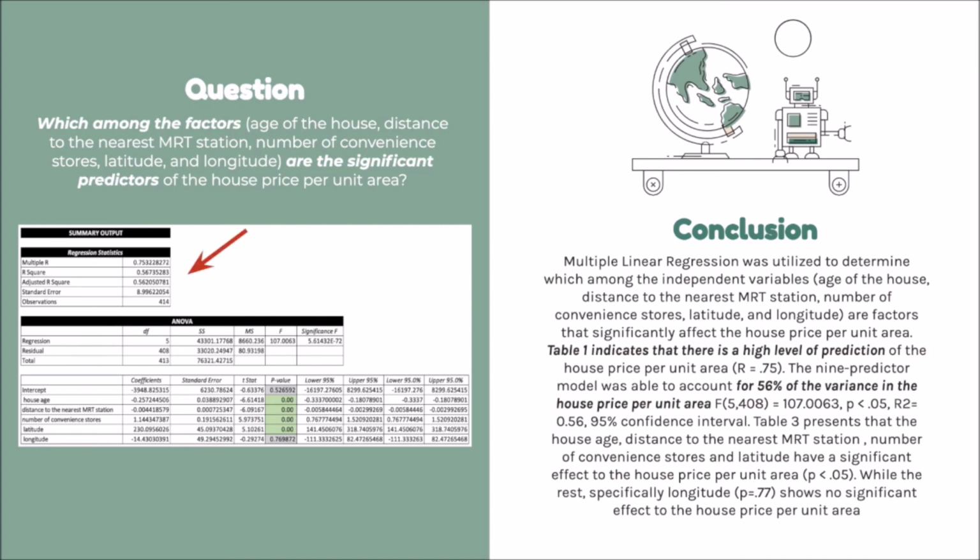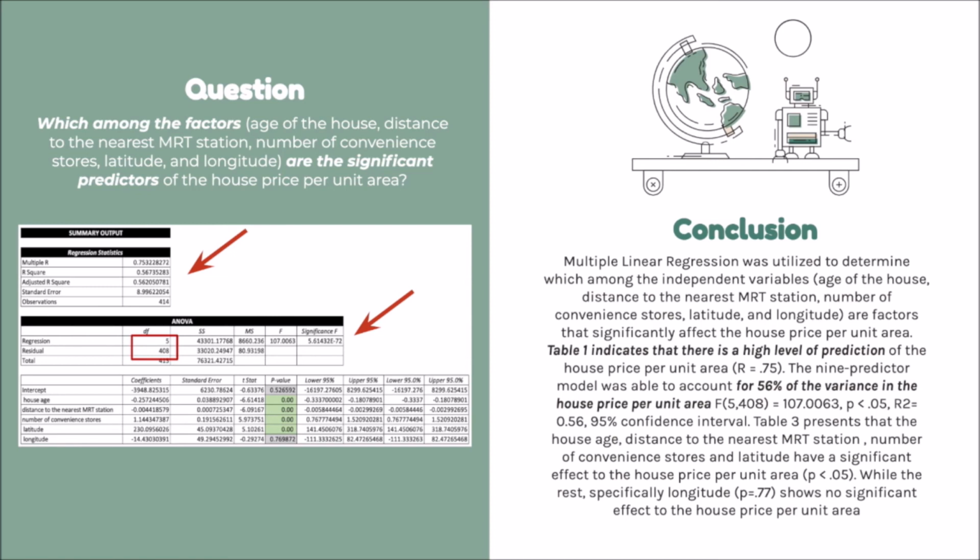Table 1 indicates that there is a high level of prediction of the house price per unit area given that R is equal to 0.75. Thus, the 5-predictor model was also able to account for 56% of the variance in the house price per unit area.